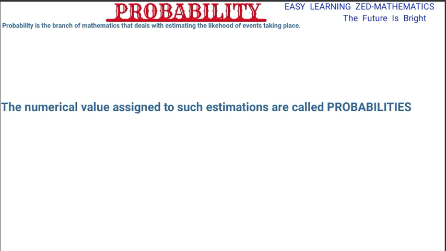The prediction will be in numerical form. So I can say that the numerical values assigned to such estimations are called probabilities. The likelihood of something happening is represented by a number.